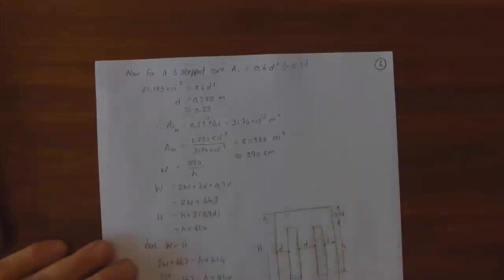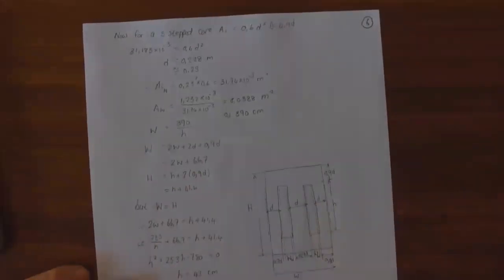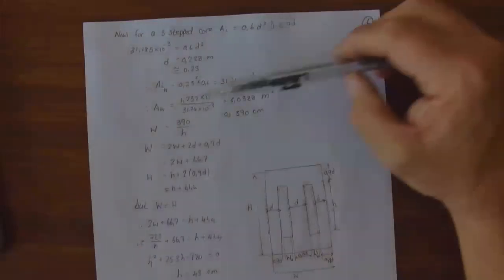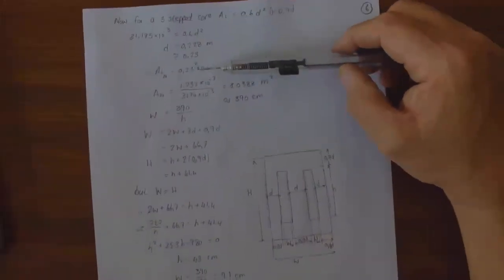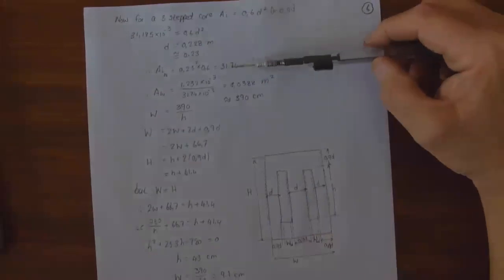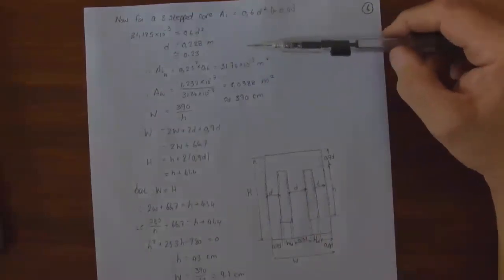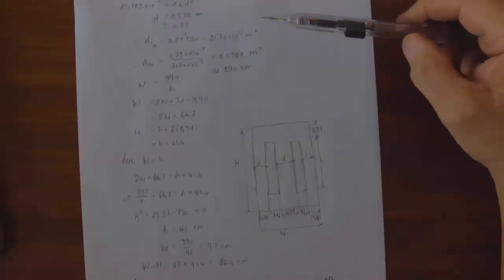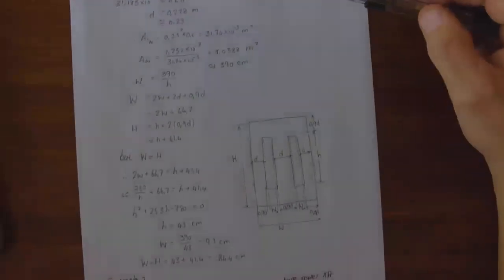So 1.185 times 10 to the minus 3 is equal to 0.6 d squared, and then we get the diameter is 0.23 meters. Because of the rounding off, we have to recalculate the area of the iron. We get 0.23 squared times 0.6. That gives us 31.74. And therefore, the window area becomes more or less 390 centimeters squared.